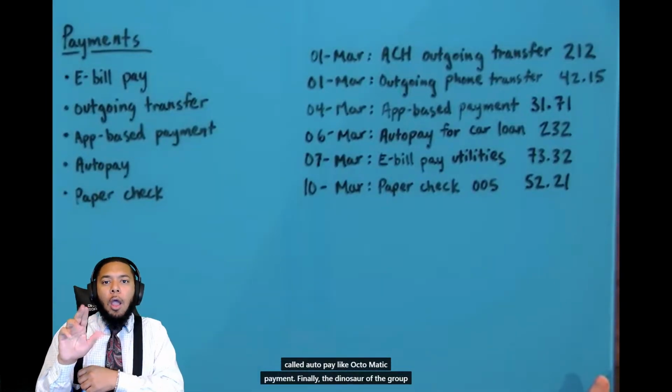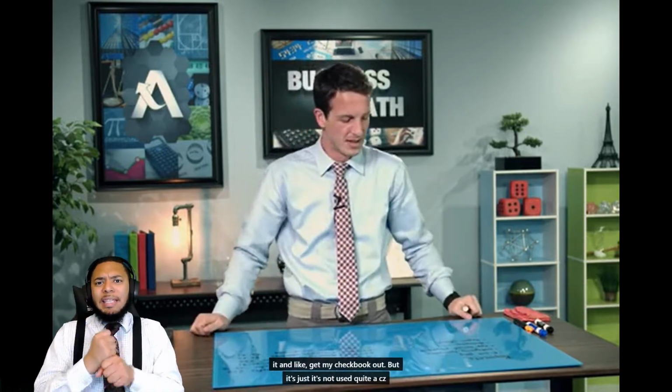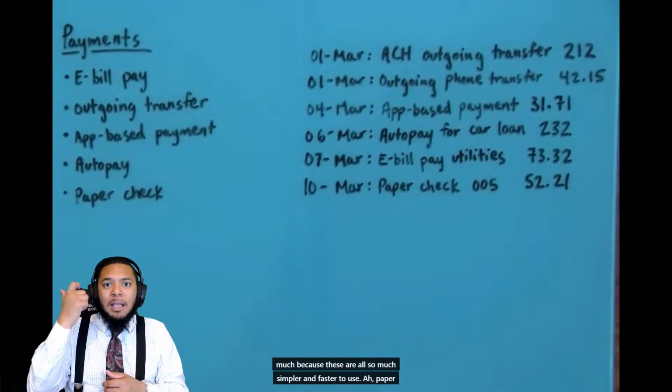Finally, the dinosaur of the group, paper checks. We'll write an example of a paper check because maybe once or twice a year I need to break out, blow the dust off it and get my checkbook out. But it's not used quite as much because these are all so much simpler and faster to use.